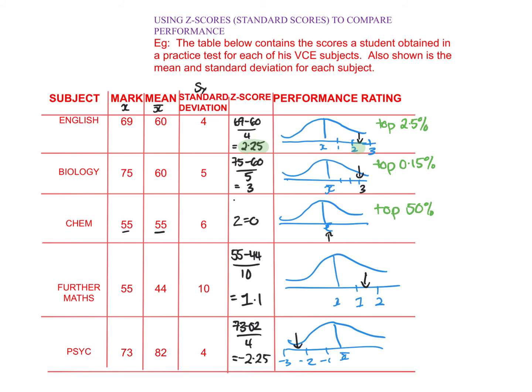And this one, because it's at 1, this little tail means he's in the top 16%. And this one, because it's past the 2, we're going to say the bottom 2.5%, because -2 would have a 2.5% tail.